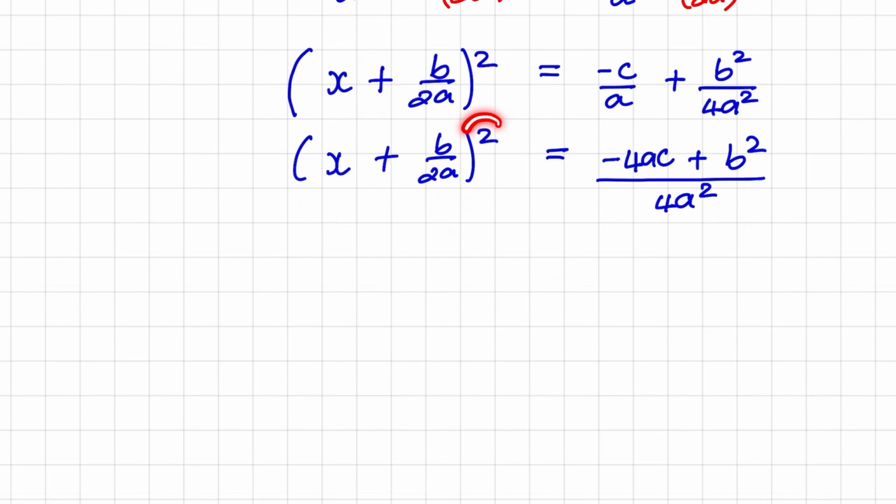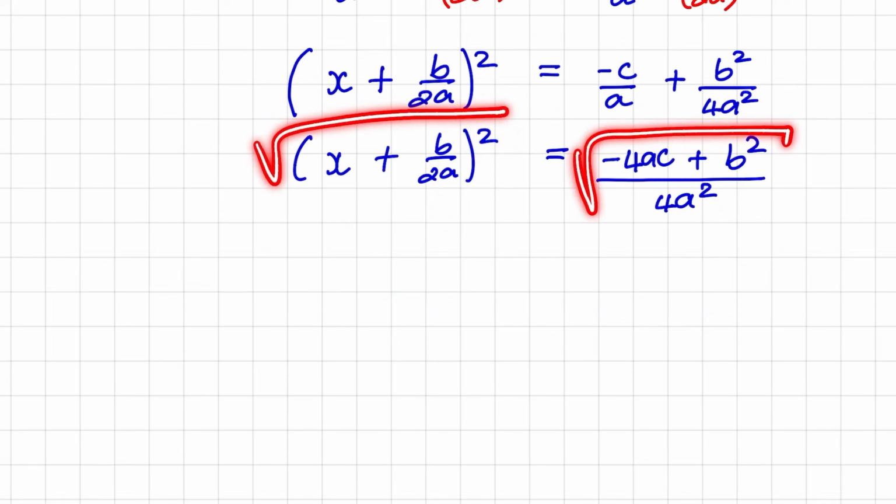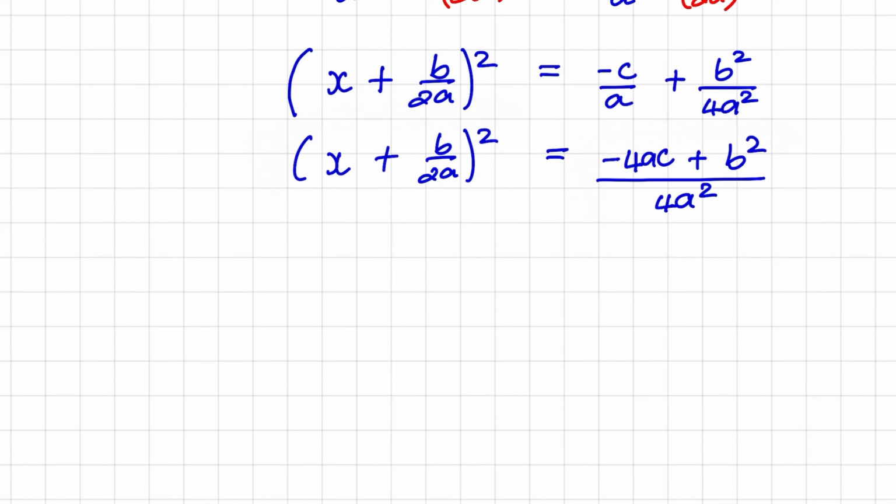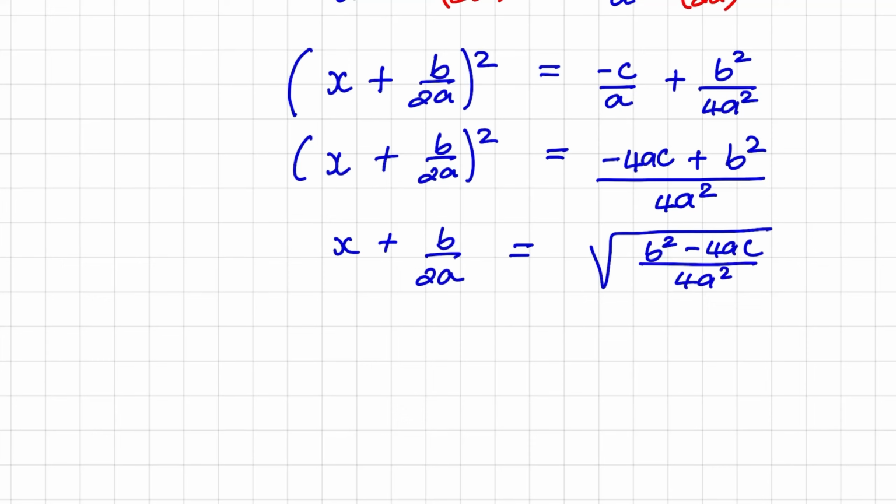Now, in order to get rid of the square, I can take the square root on both sides. So that will look like x plus b over 2a is equal to the square root of b squared minus 4ac over 4a squared.